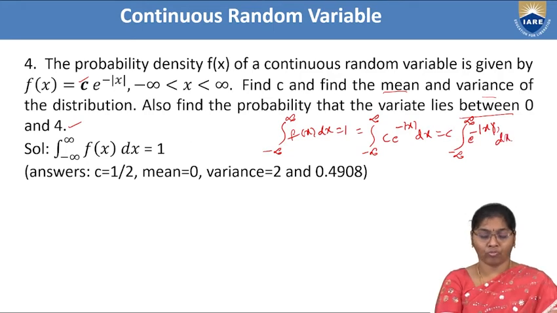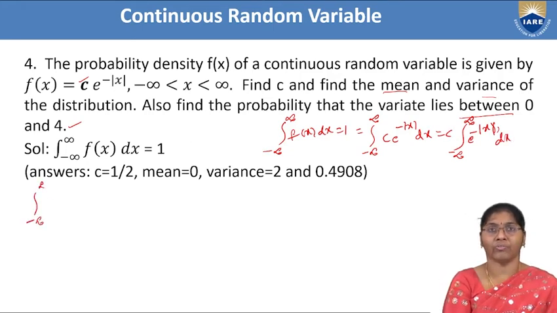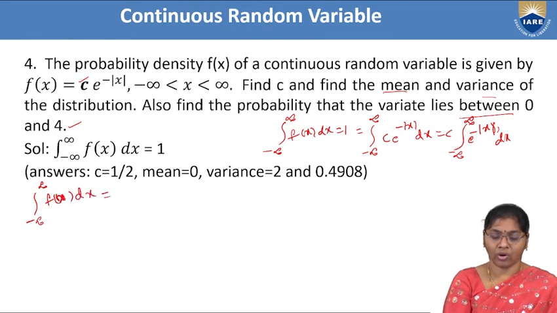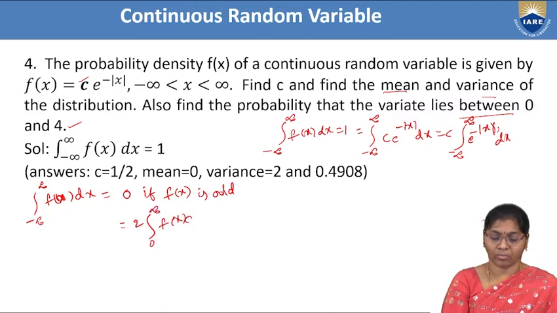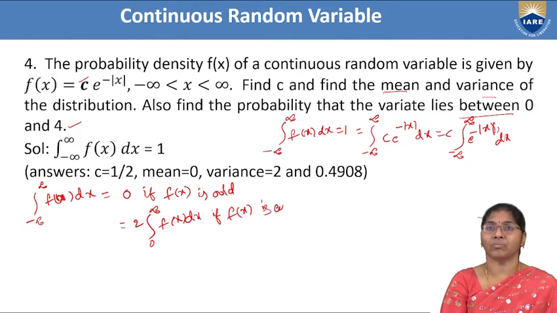Here we know one formula: the integral from minus infinity to infinity of f of x dx is equal to 0 if the given function f of x is odd, and it is 2 into the integral from 0 to infinity of f of x dx if the given function f of x is even.